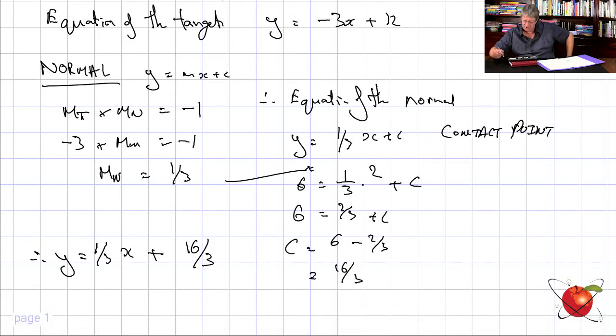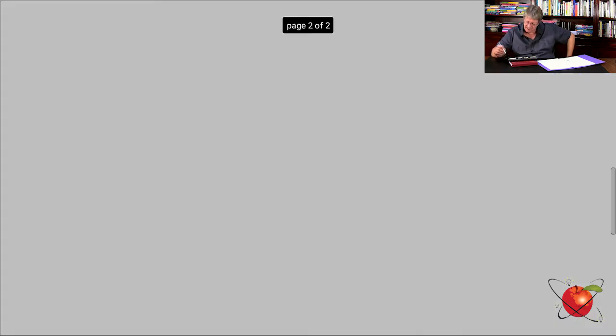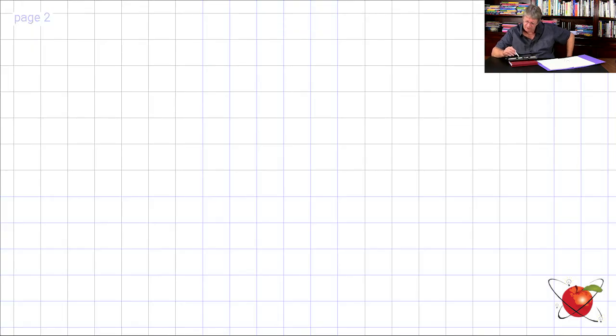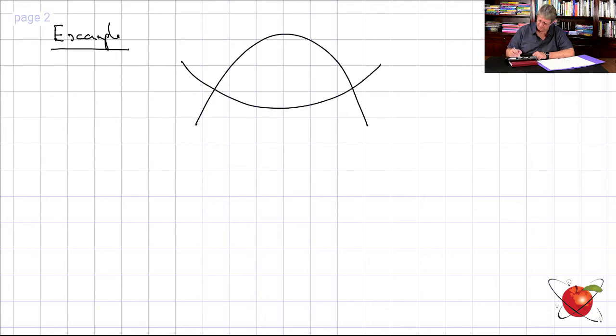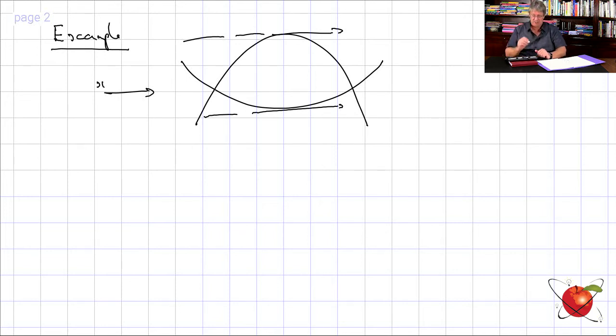The next question is, they've given us another example. They've given us two parabolas. And they've said these two parabolas do this. All right? You're going to see this one a few times. And they want to know, remember, x is along this way, right? We don't know where these are, but the x-axis is that way.